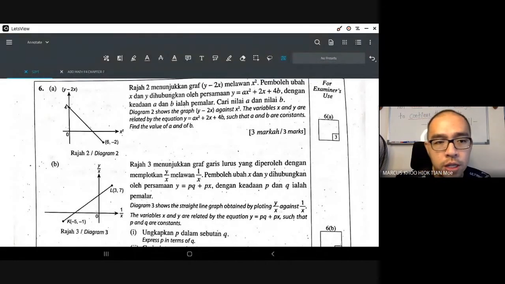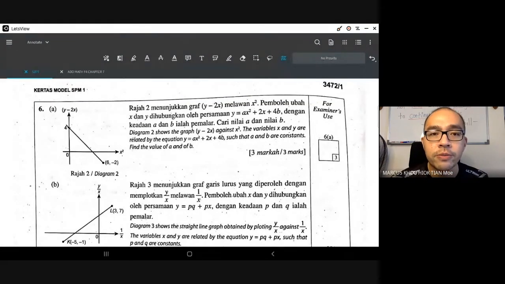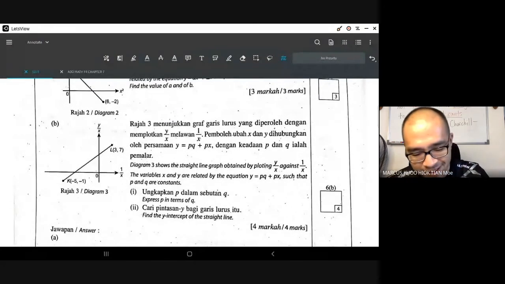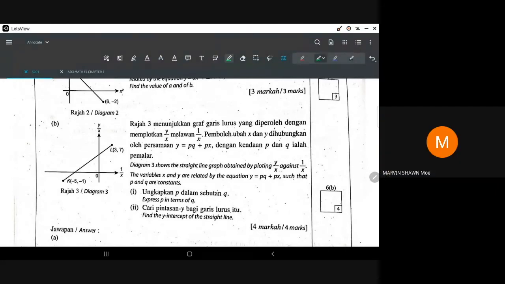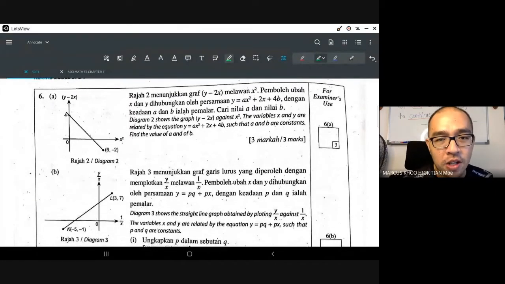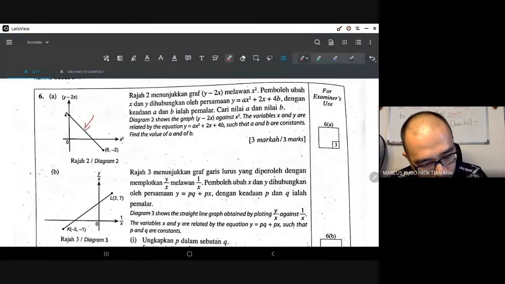First thing you need to know is what chapter is this talking about? Anybody want to share what you think this chapter is talking about? You guys know? It's linear law. Not linear equation, linear law. You know how you know it's linear law? Number 1, you see a straight line.